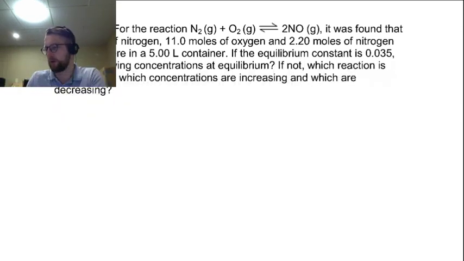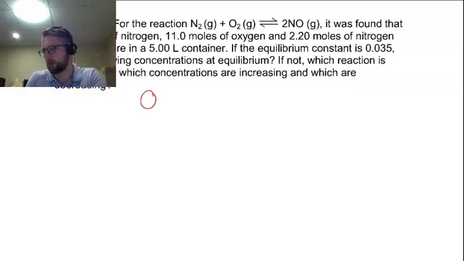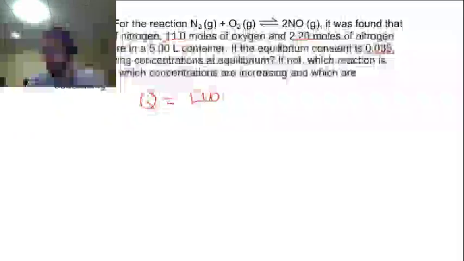So we need some things, right? Let's write out our equation. We're going to be doing a Q check. Here we are asked, is it at equilibrium? We are actually given all of the values we need. So are the following concentrations at equilibrium?